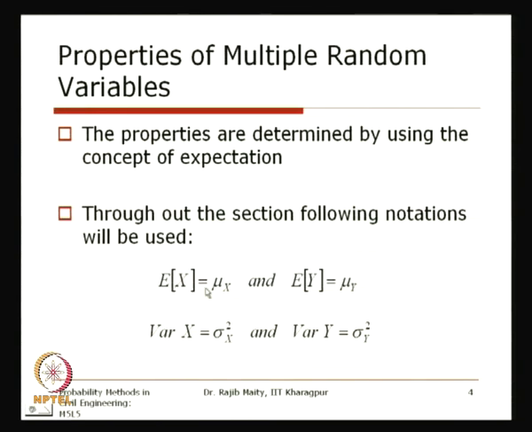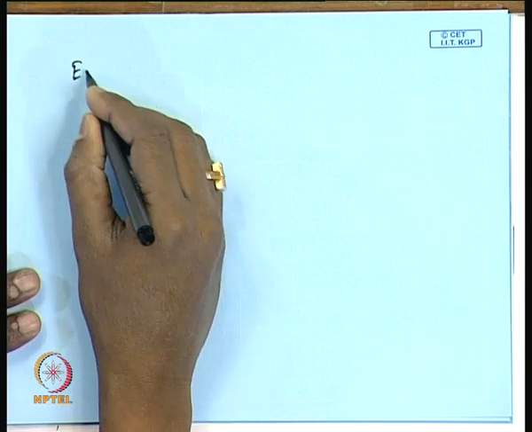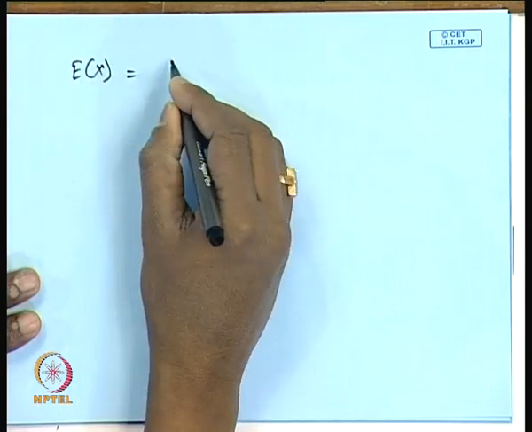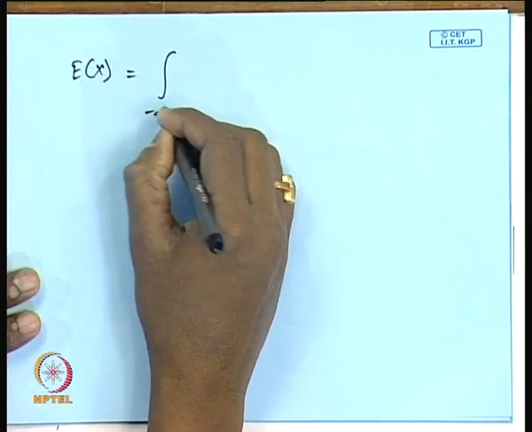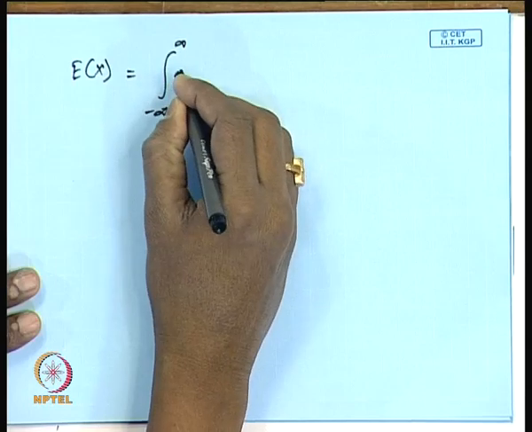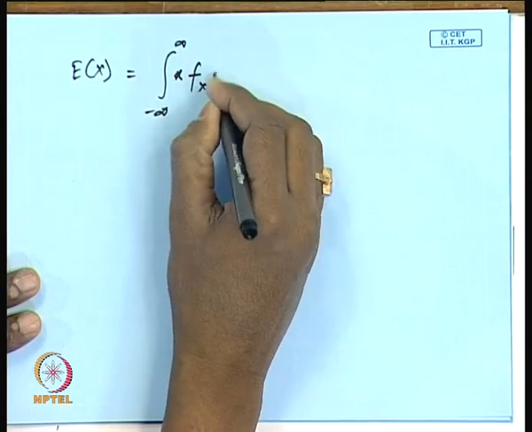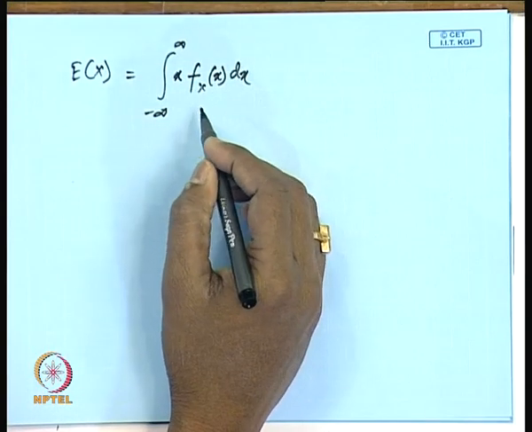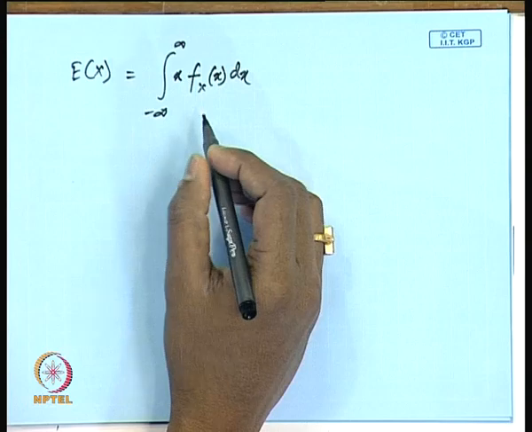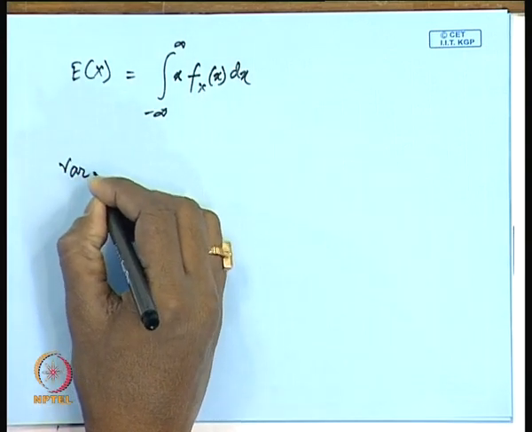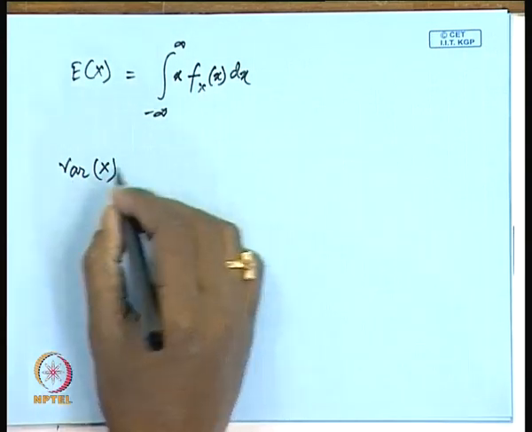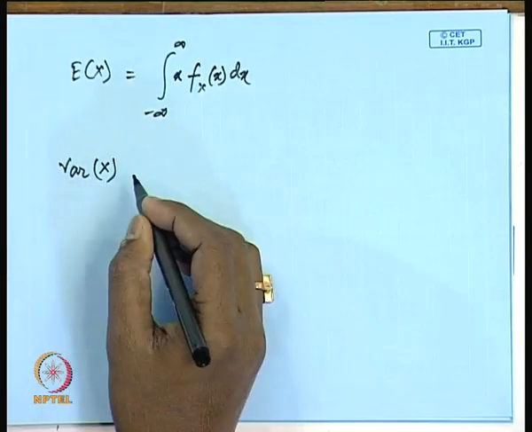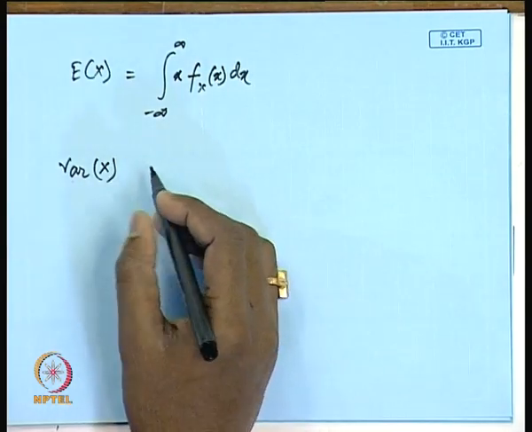These we discussed earlier in the case of a single random variable, and if you quickly recall, the expectation of x is x multiplied by its density. That is, over the entire support, the integration of x multiplied by its probability density gives the expectation of x. When we talk about the variance of x, we generally consider its second moment with respect to its mean.